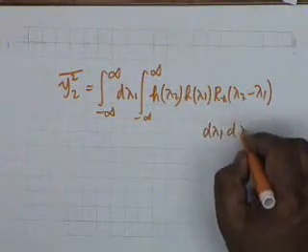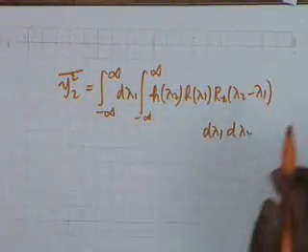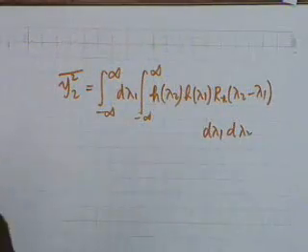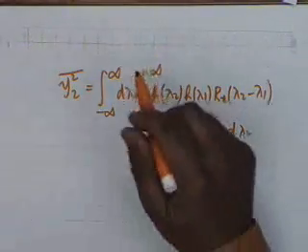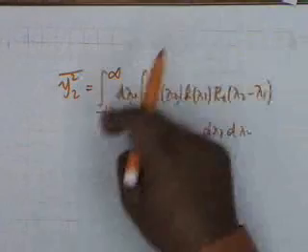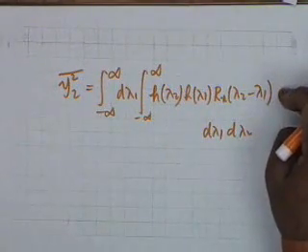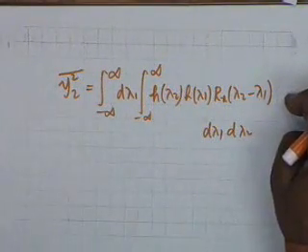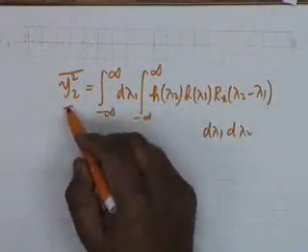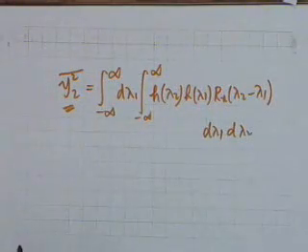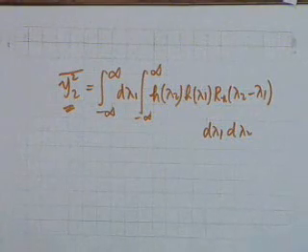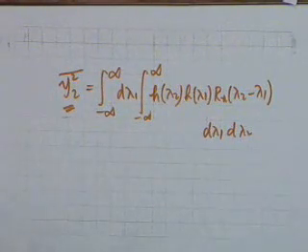Is this formula familiar? We had written Rx of tau, Ry of tau in terms of this, and there was an additional term lambda 2 minus lambda 1 minus tau. That tau is missing here because we are evaluating the mean squared value, which is the autocorrelation at tau equal to 0.